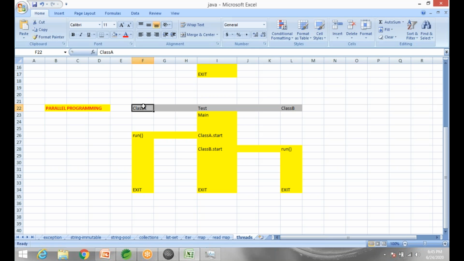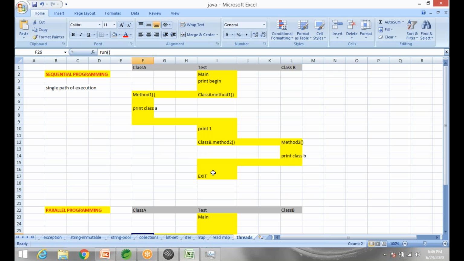For class A, the entry point is which method? Run. And when does it exit? When the run method finishes or exits. Yes, exactly. Just like the main method, when you're done with the main method, your program exits. Similarly, in these two classes as well, when the run method ends, your thread, your program also exits.